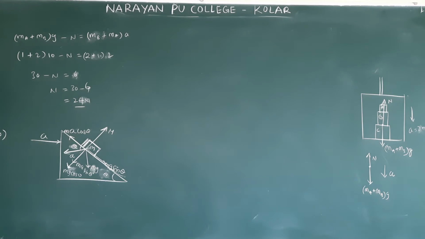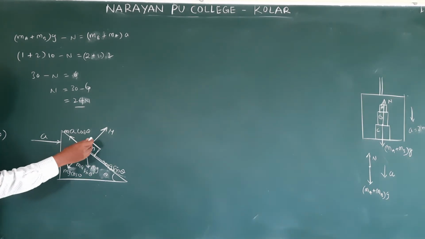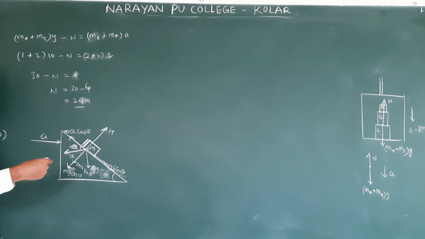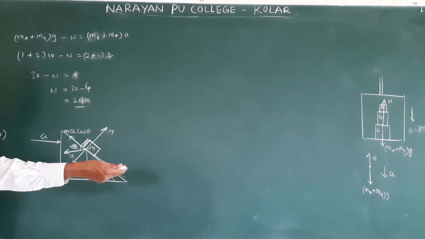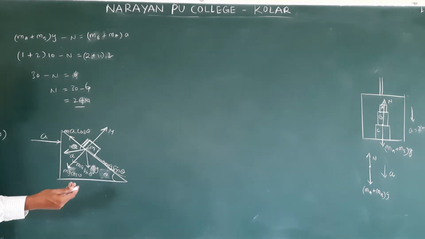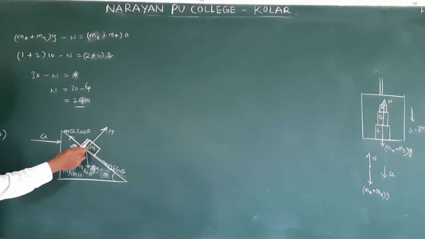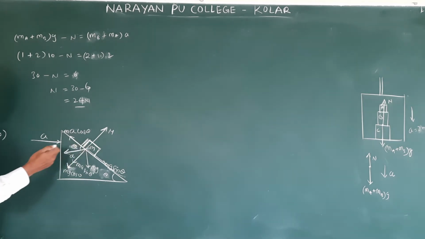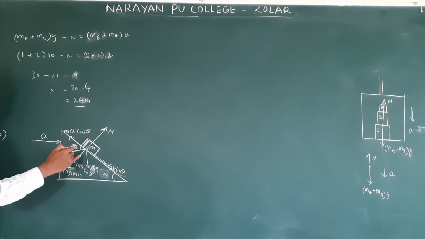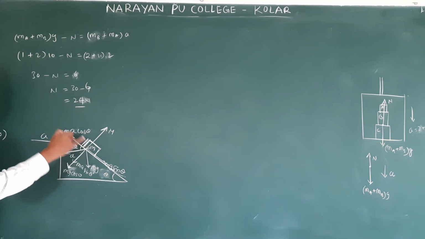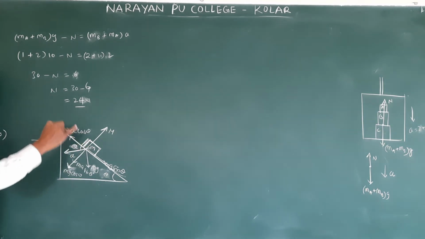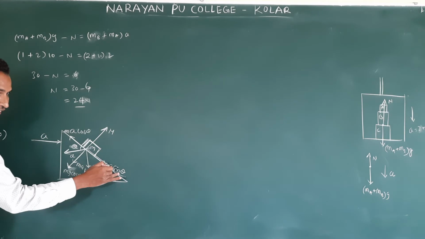Clear? Understand? By giving this acceleration, it experiences a pseudo force that acts backward. Already I explained: if we suddenly apply the brake, we fall forward; suddenly start the vehicle, we fall back. Like that, this block also falls back, moving back with acceleration A. If you resolve this A into two components, one acts up the plane, and mg sin theta acts downwards.